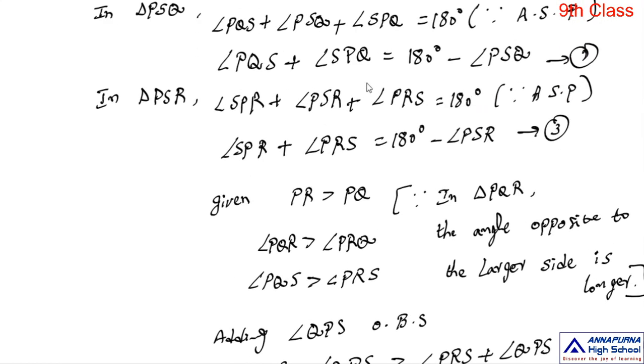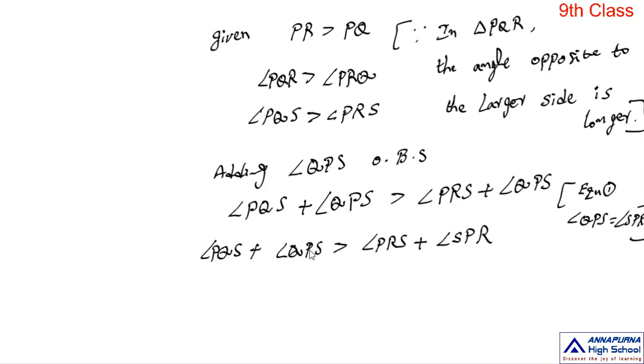Okay, first substitute angle PQS plus angle SPQ, which is equal to 180 degrees minus angle PSQ, is greater than, next, angle PRS plus angle SPR, which is equal to 180 degrees minus angle PSR.